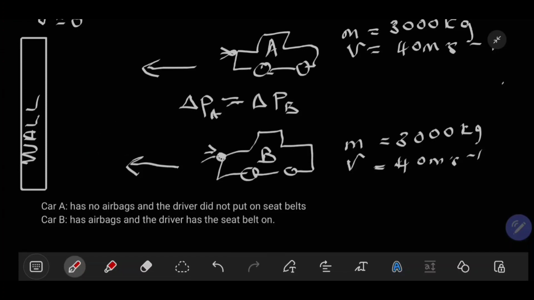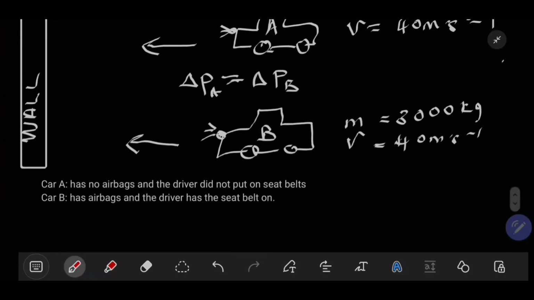Because car A has no airbags, when the car immediately hits the wall, the driver in car A will experience a larger force.